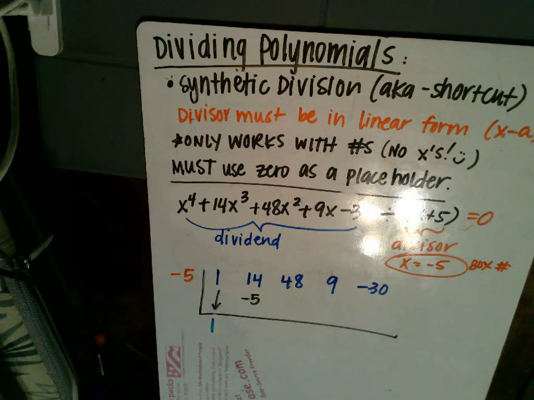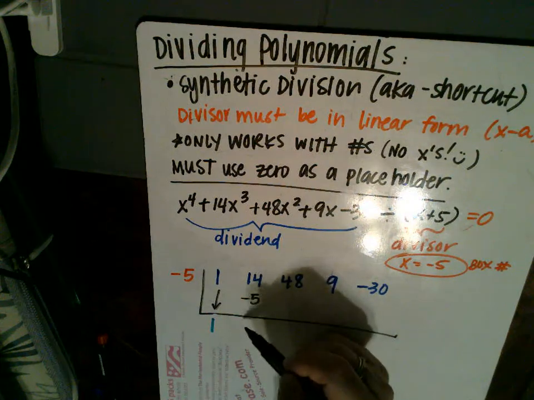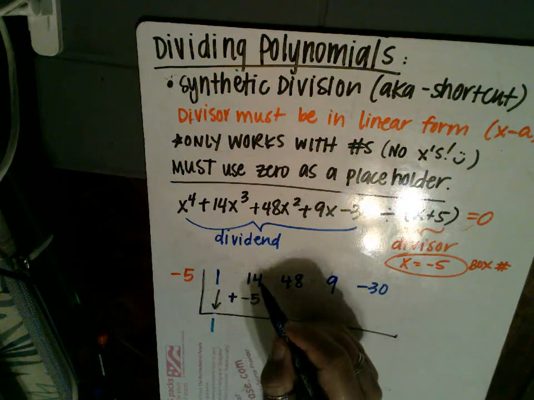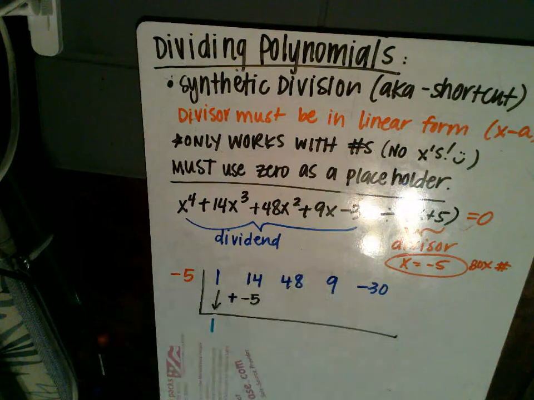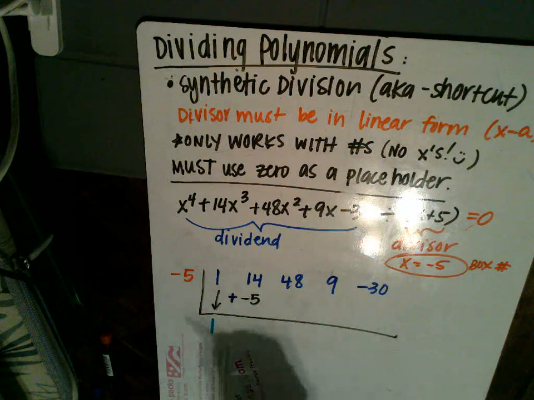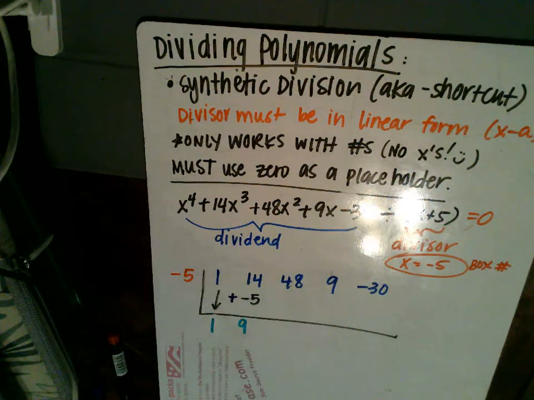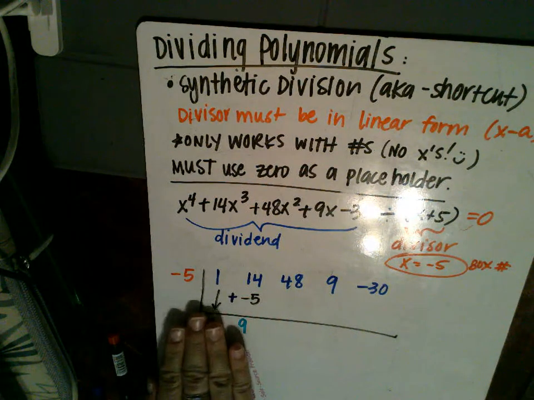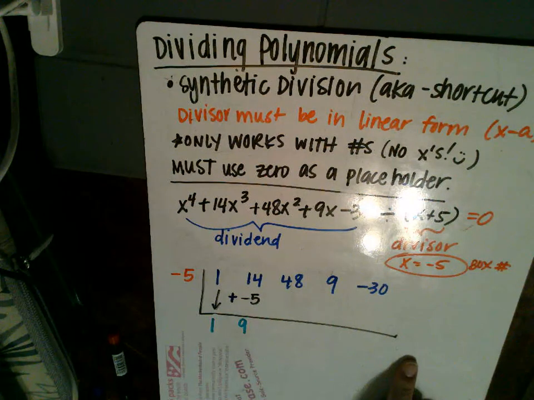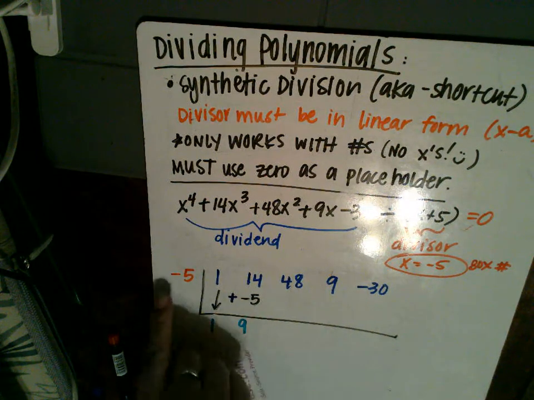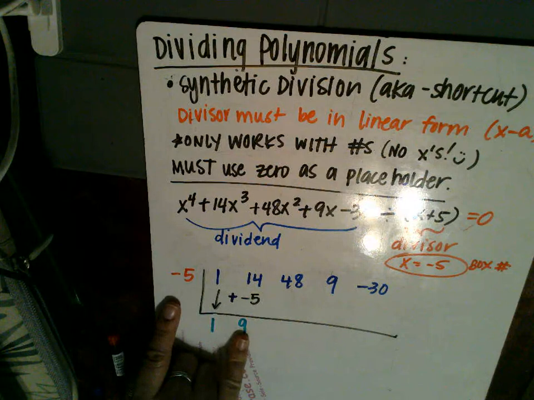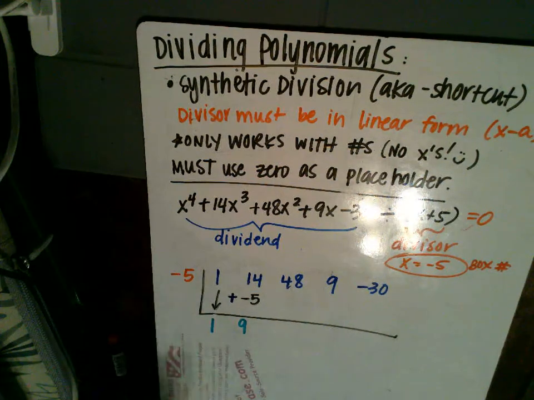Here's the cool thing about synthetic division. You add vertically. So 14 plus negative 5. 14 minus 5 gives us 9, right? 14, 13, 12, 11, 10, 9. And I start over. Any number that appears in this line multiplies by the box number. So 9 times negative 5 is negative 45.